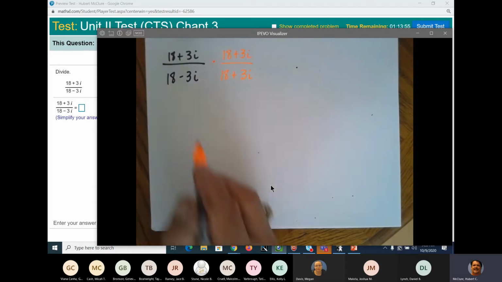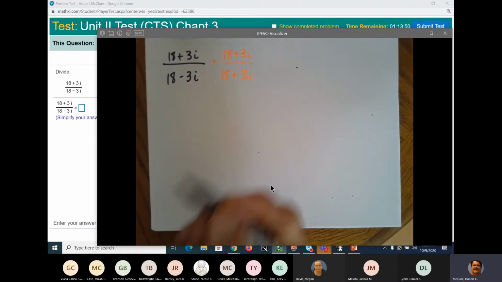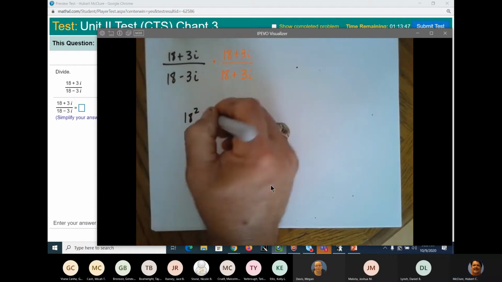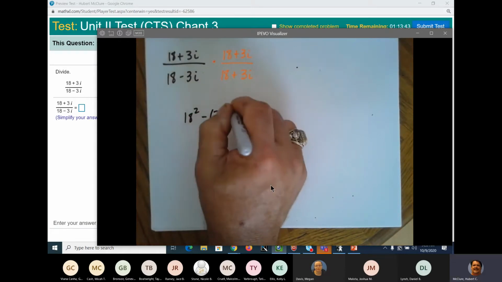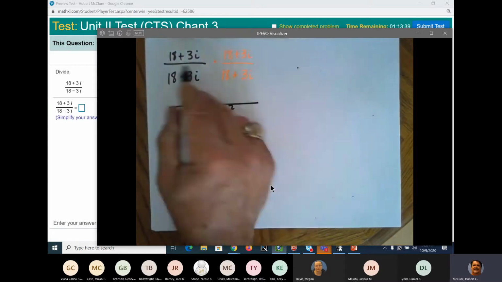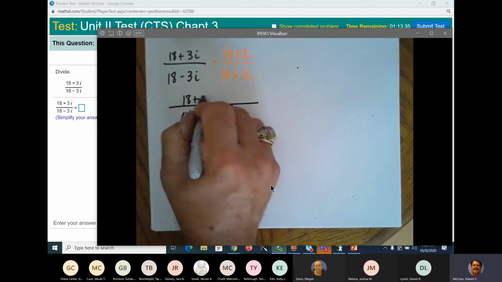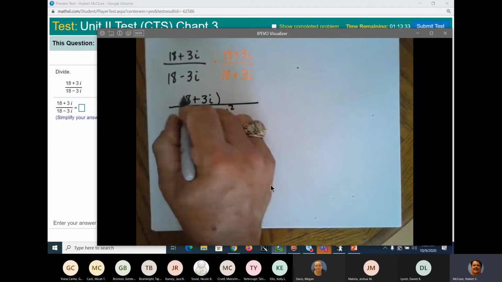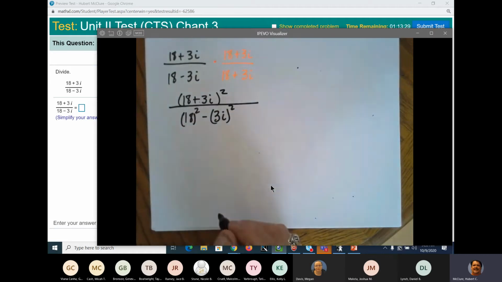Now, in the bottom, we've got shortcut number 3, which is 18 squared minus 3i squared. All over whatever this comes out to be. That's 18 plus 3i quantity squared, and of course that's shortcut number 1.